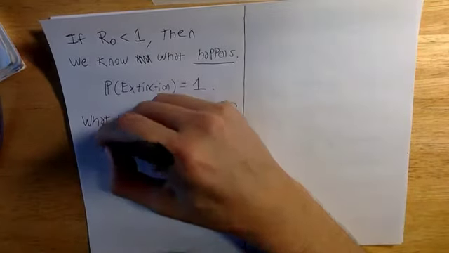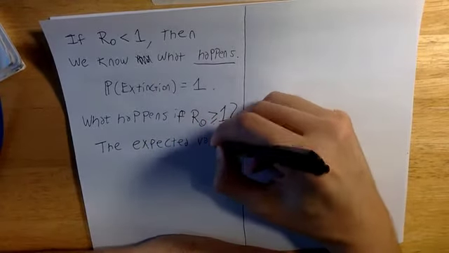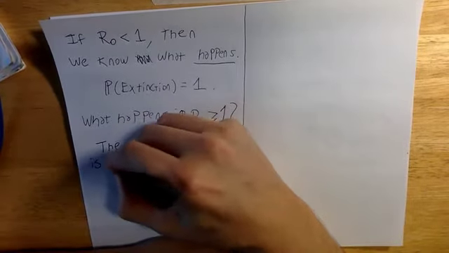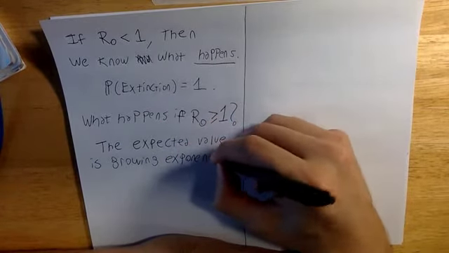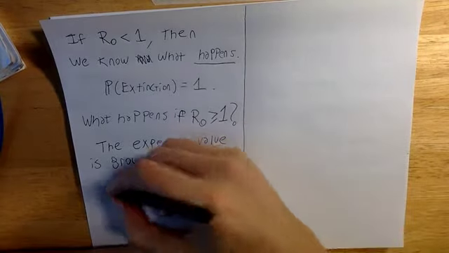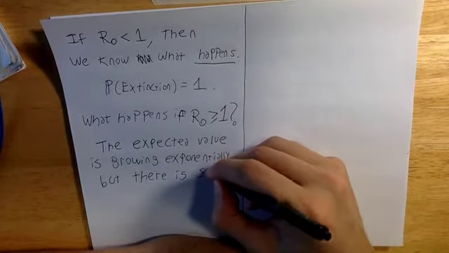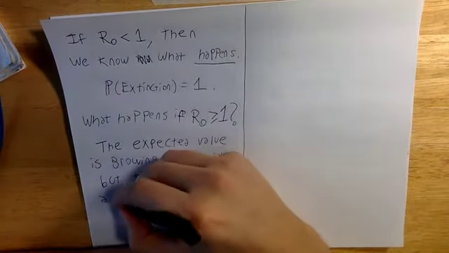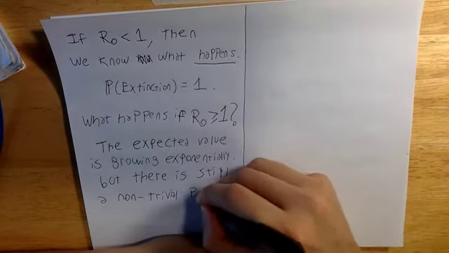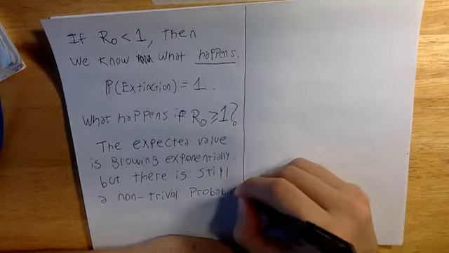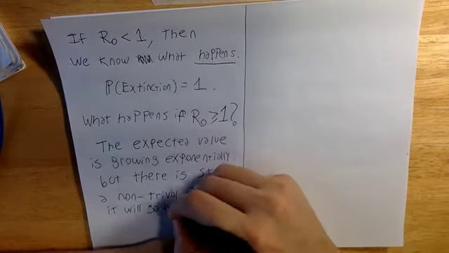So the expected value is growing exponentially. But there is still a non-trivial probability it will go extinct.